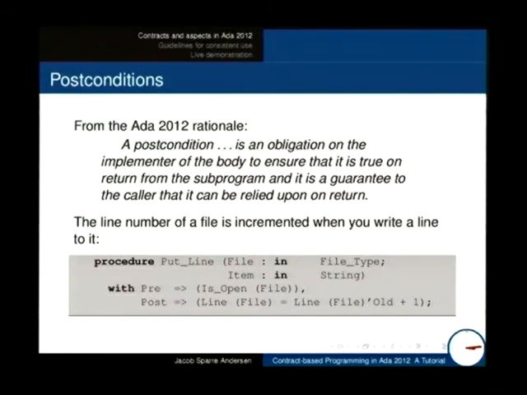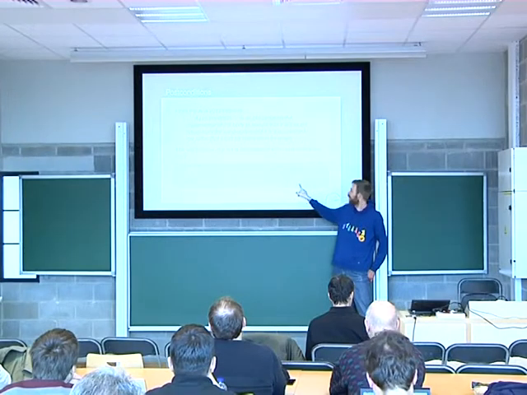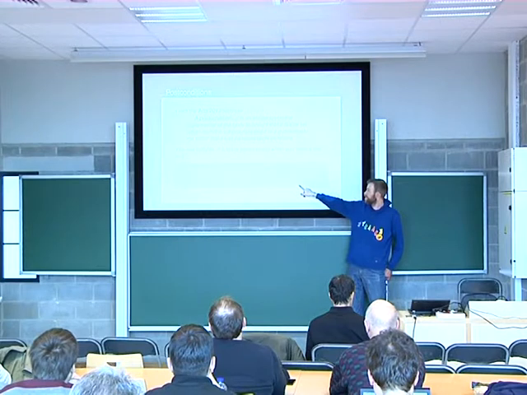And Ada has, depending on your view, a nice or an annoying feature of keeping track of line numbers in the file when you're writing to it or reading from it. So actually, we can say that after you've done a line, the line number has been incremented by 1. So that's an example of a postcondition. Here, I reference the value of the line number before calling with this 'Old.